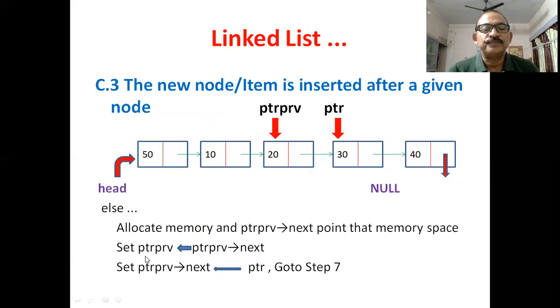Here you can see PTR previous. What we did in this case, PTR previous is equal to PTR previous next, and PTR previous next is equal to the PTR, and go to step 7.